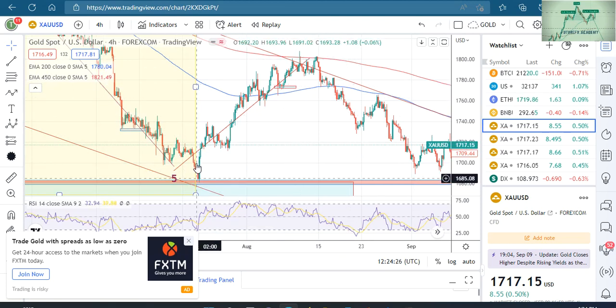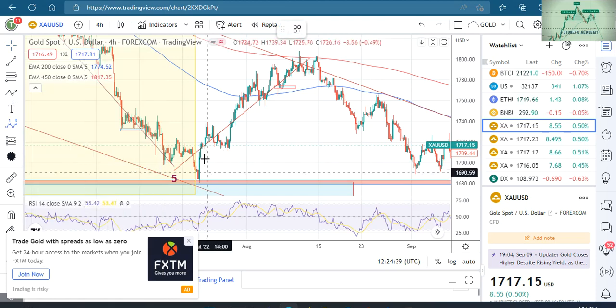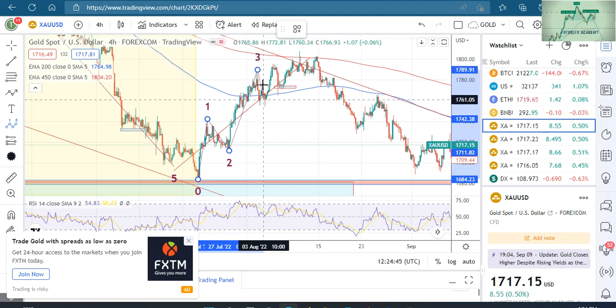That's another wave inside wave. Let's count it again. One, two, three, four, and five.